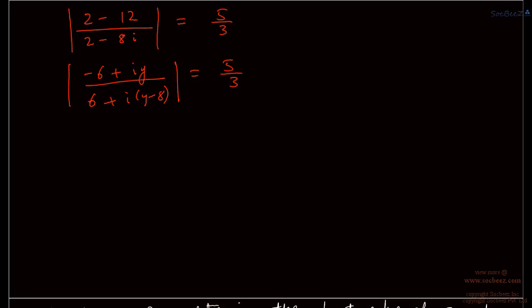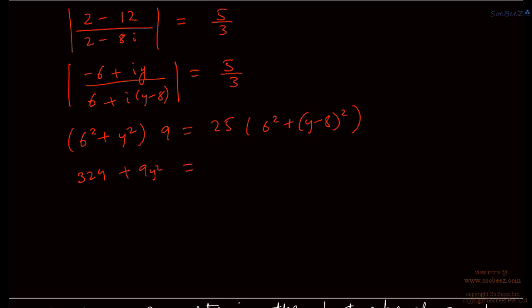So let us square both sides and cross multiplying we get (6 squared plus y squared) into 3 squared, which is 9, is equal to 25 into (6 squared plus (y minus 8) squared), right? So this is 9 into 36, 6 squared is 36, into 25 is 900 plus 25 into (y minus 8) squared, right?